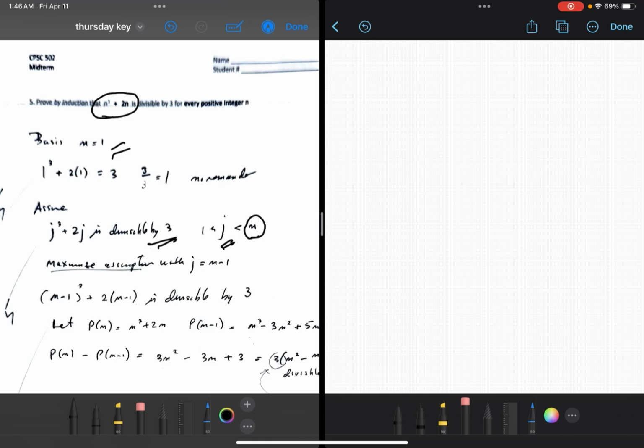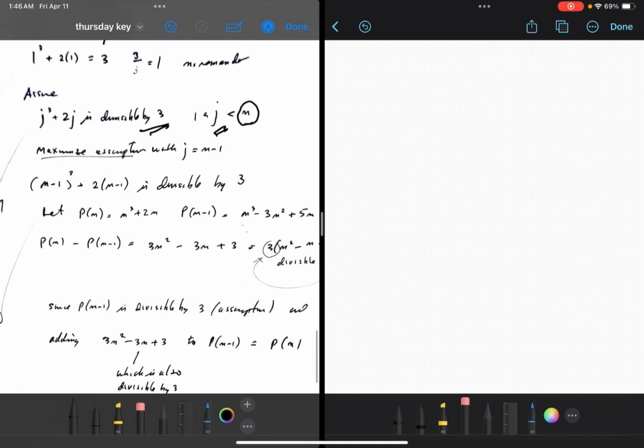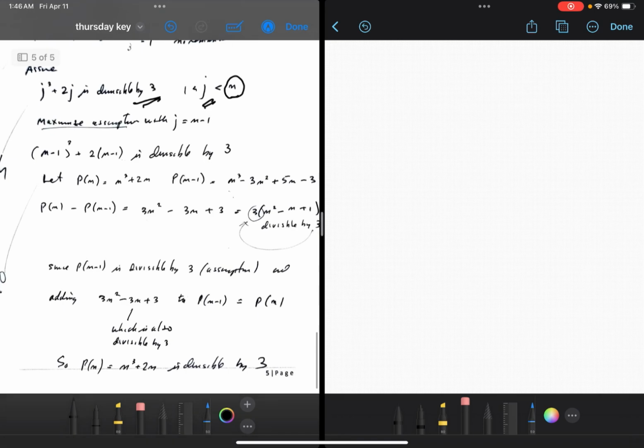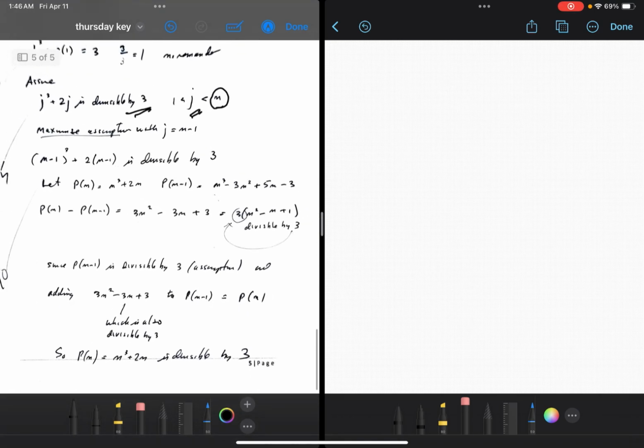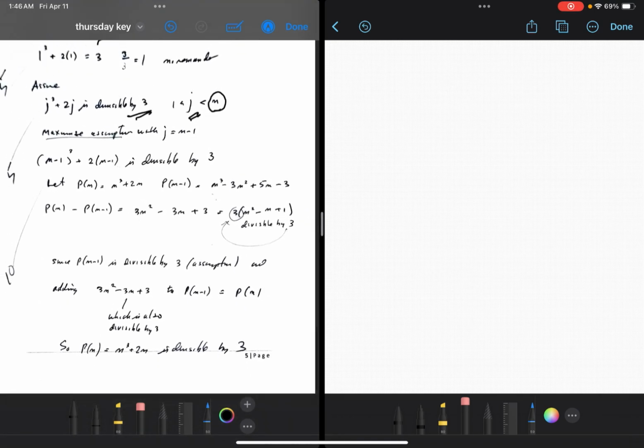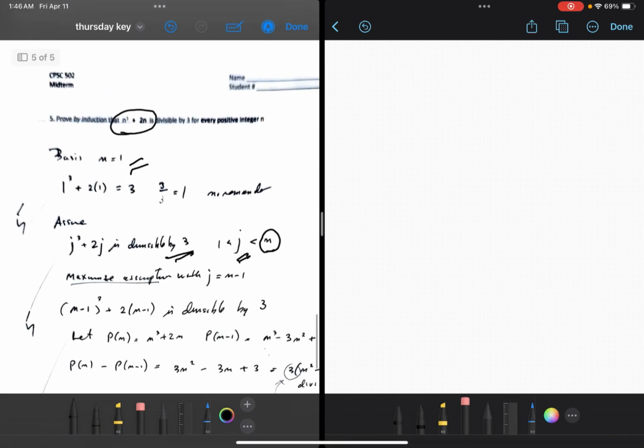We are not saying that n cube plus 2n is already divisible by 3, but we are just saying that for everything that is less than n, we will assume that it's true. We know that j is less than n, so we can write j is equal to n minus 1. And let us compute the value. So we know that if we substitute n minus 1 in this given thing, it is going to be divisible by 3.